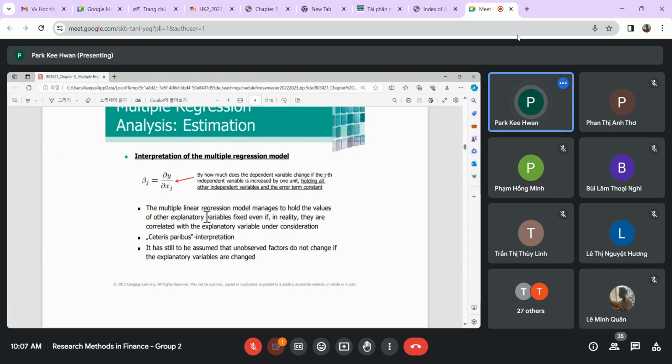You estimate the multiple regression, and then your estimate measures how much y changes when the x variable changes while holding all other variables constant. So by having a multiple regression model, we can hold the value of other variables fixed. That's the good thing about the multiple regression.